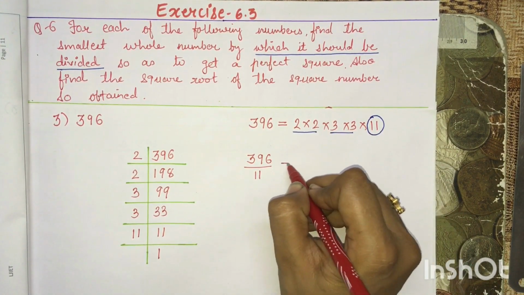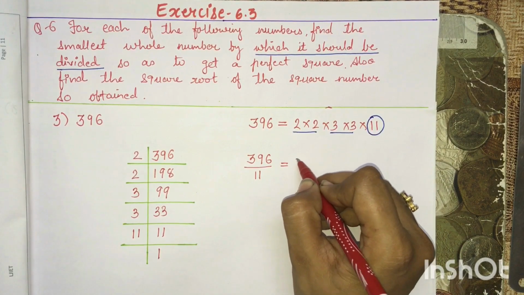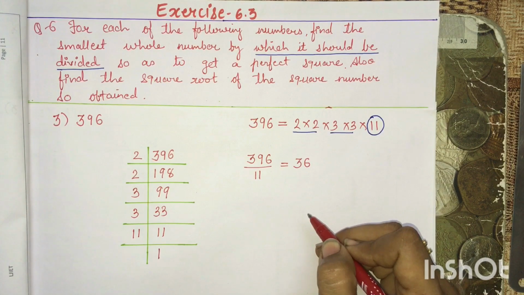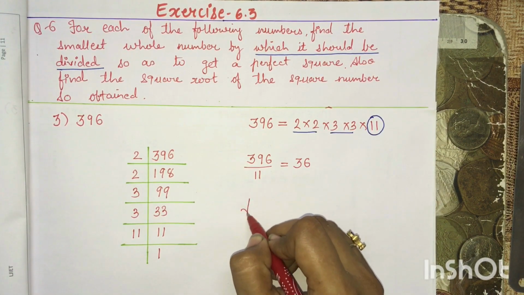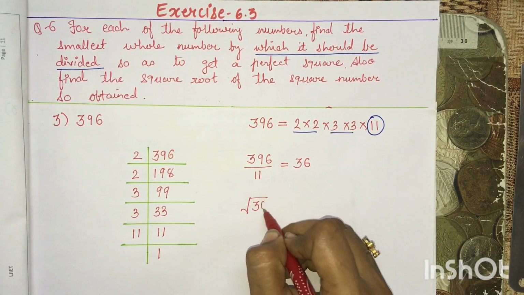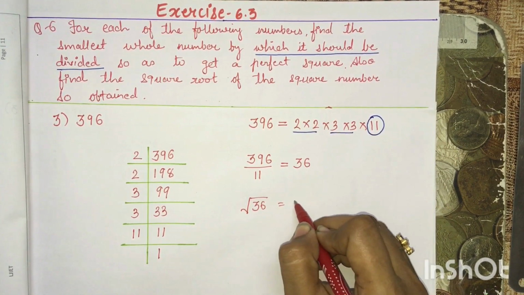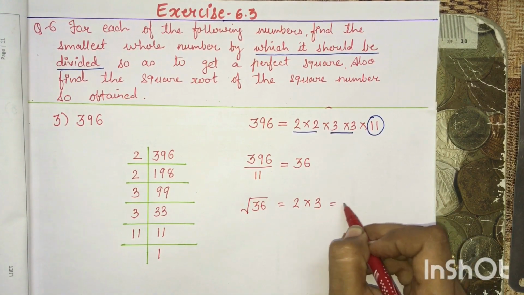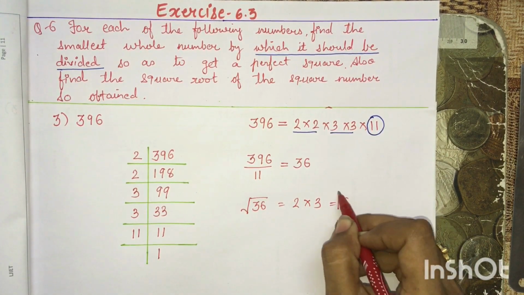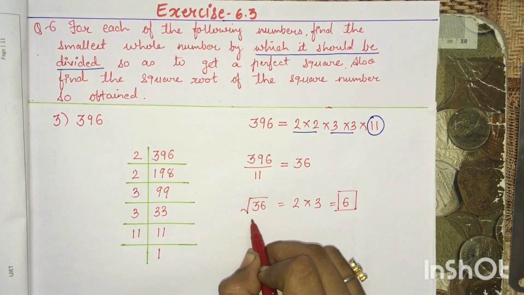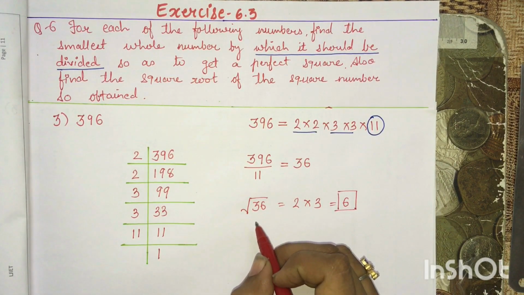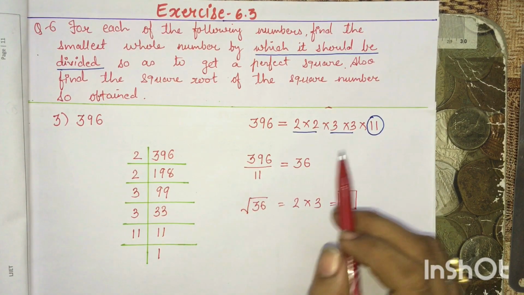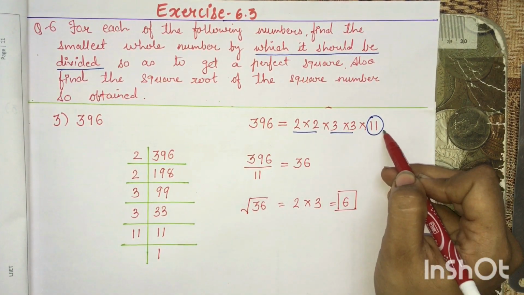So the number I will get is 36, which is a perfect square number, and the square root of 36 is equal to 2 into 3 is equal to 6. So the new perfect square number is 36, and the number by which 396 should be divided to make it a perfect square is 11.